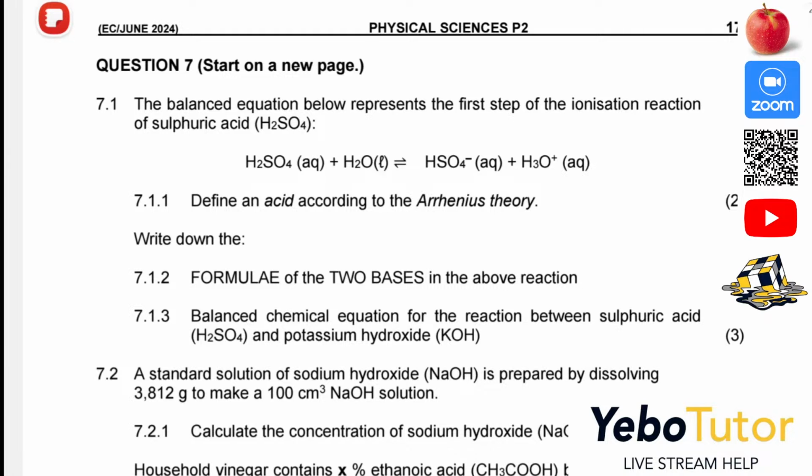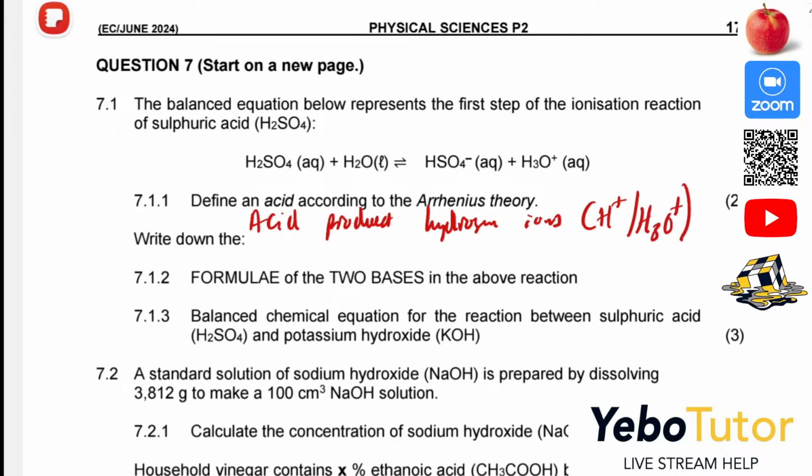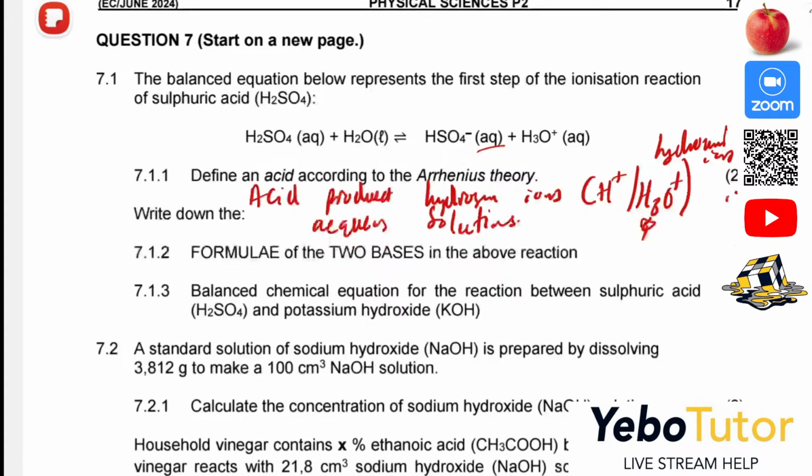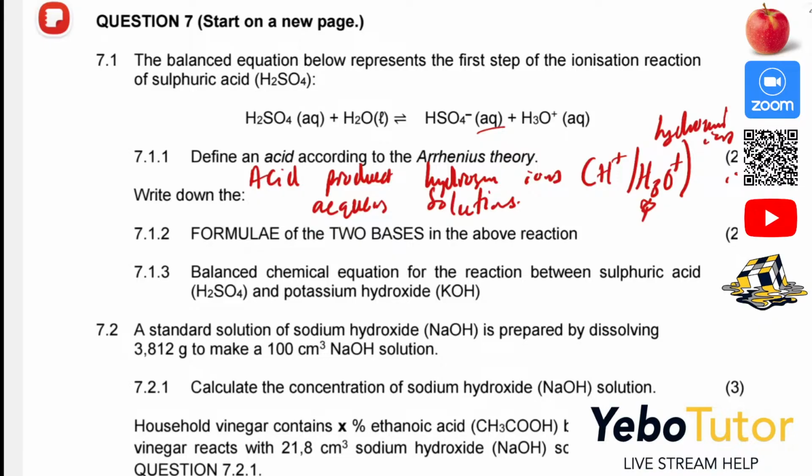From grade 11, we know that an acid produces H+ or H3O+ ions, or you can just say hydrogen ions, or rather hydronium ions, in aqueous solutions.